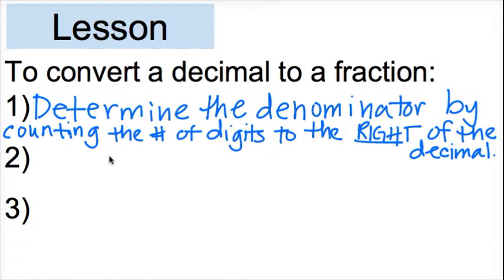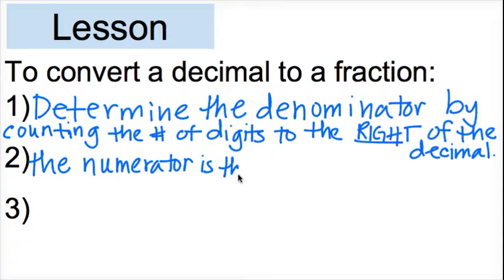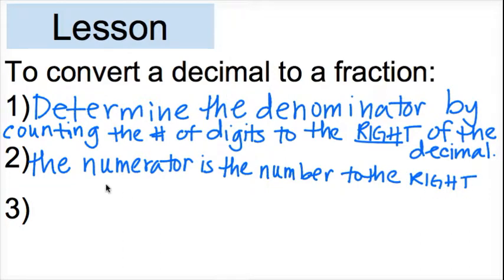Step 2. So step 1, we figured out the denominators. For step 2, we'll look at the numerator. The numerator is the number to the right of the decimal.